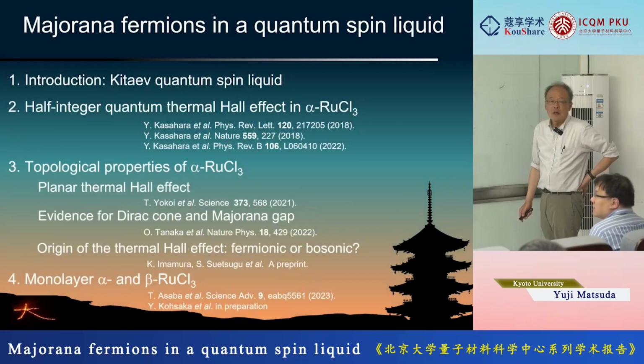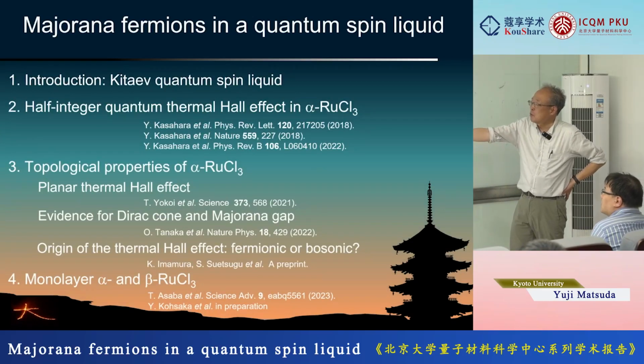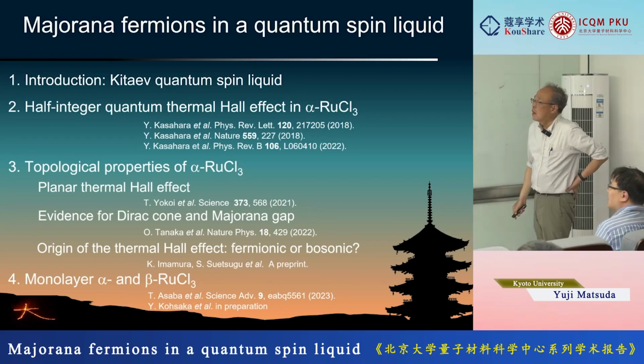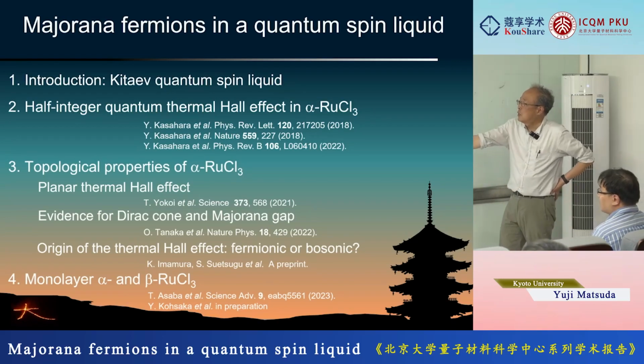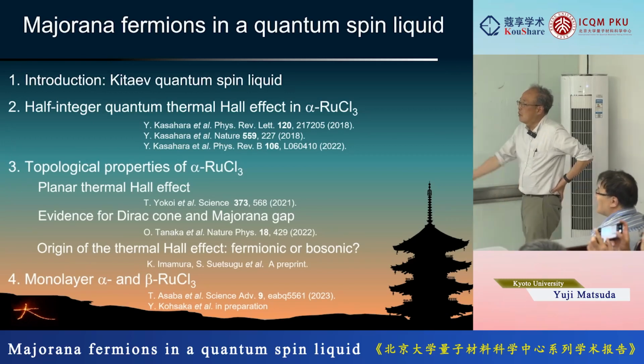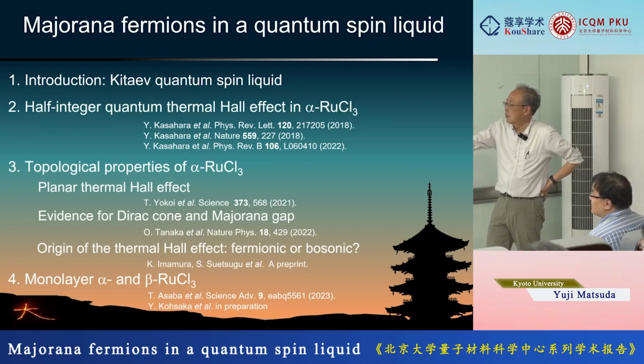In my talk, I'd like to start with explaining the Kitaev quantum spin liquid, which is the main subject of my talk. Then I talk about the half-integer quantum thermal Hall effect in alpha-RuCl3, which I mainly discuss today. After that, I will discuss topological properties of alpha-RuCl3, focusing on the planar thermal Hall effect, and evidence for the Dirac cone and Majorana gap.